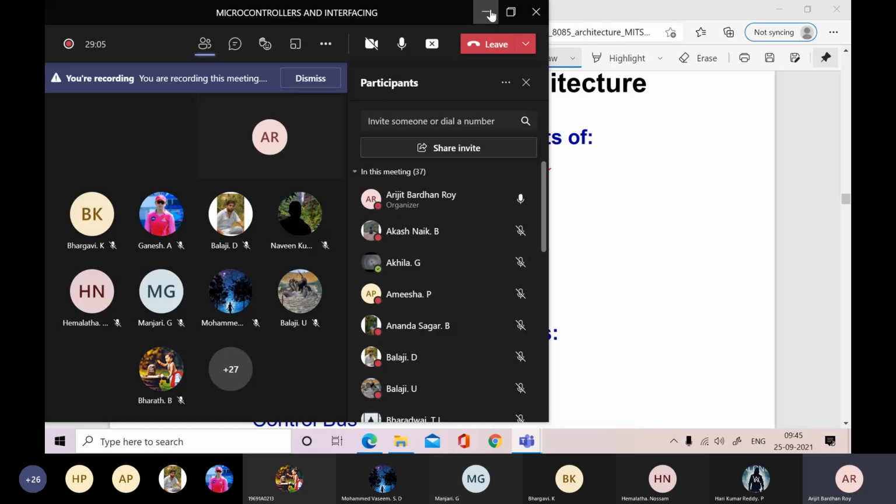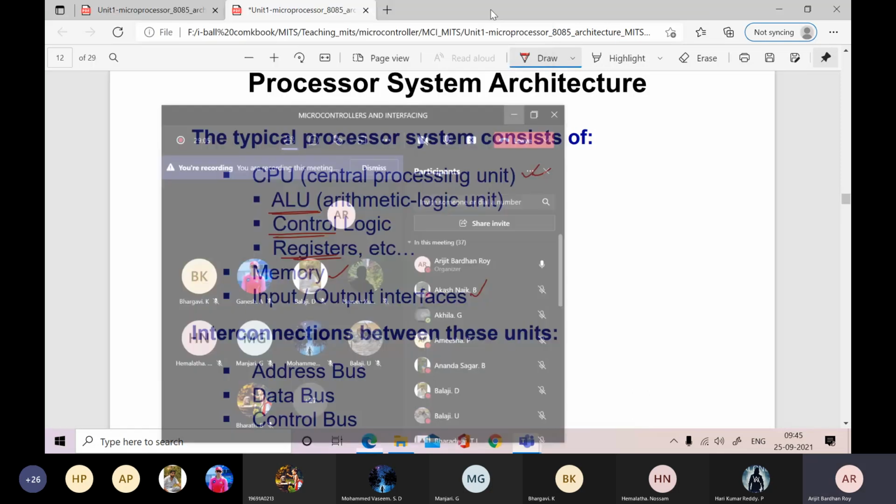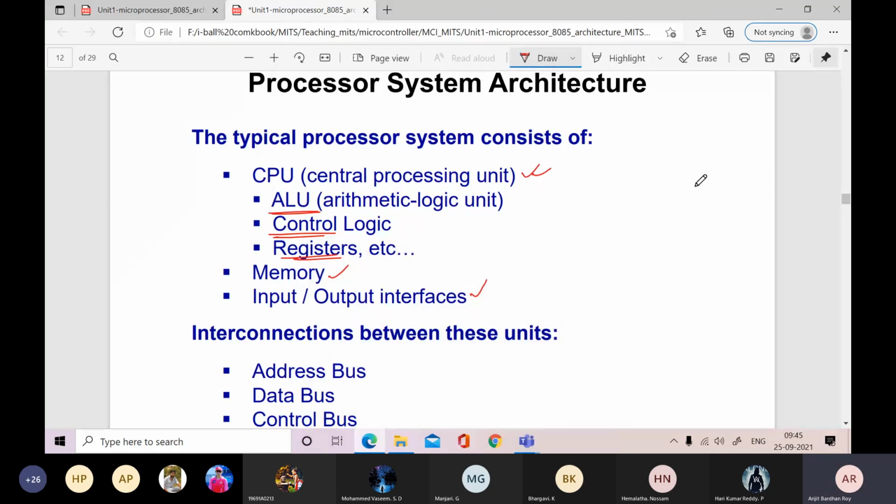So this is the thing. A typical processor consists of CPU, memory.